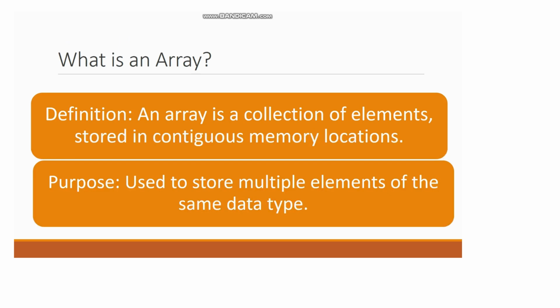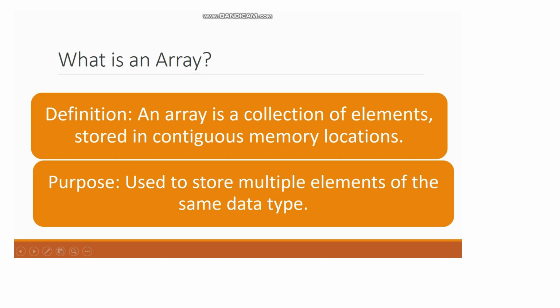So let's see the technical definition of array. What is an array now? I think you should not have to mug up anything. You should be able to understand the definition now. An array is a collection of elements stored in continuous memory locations.